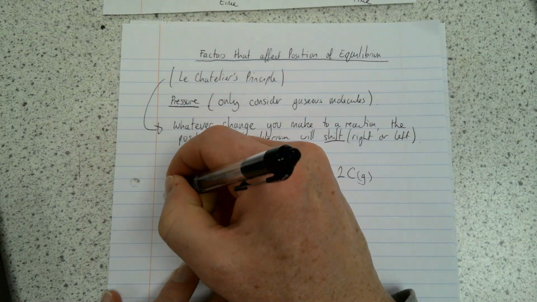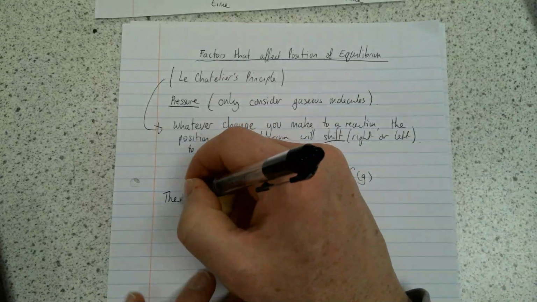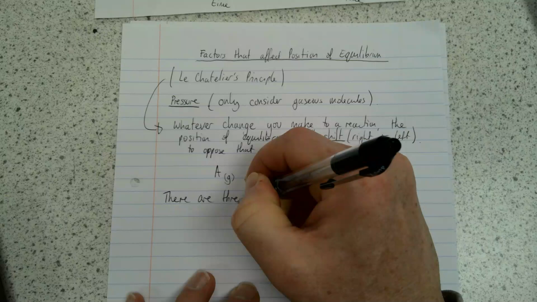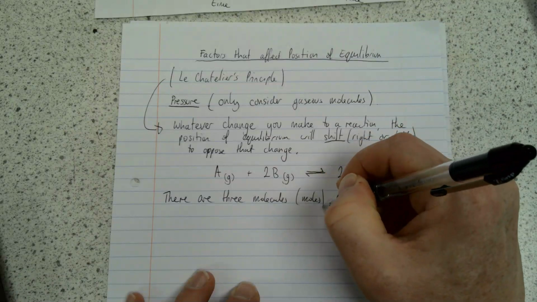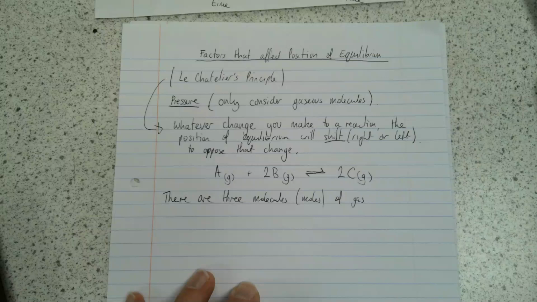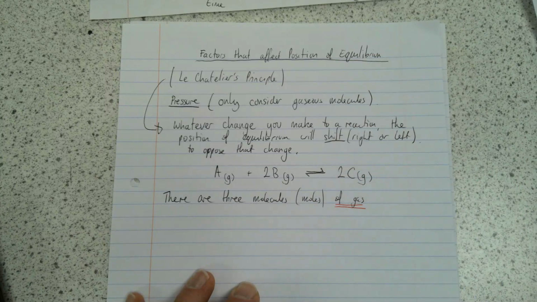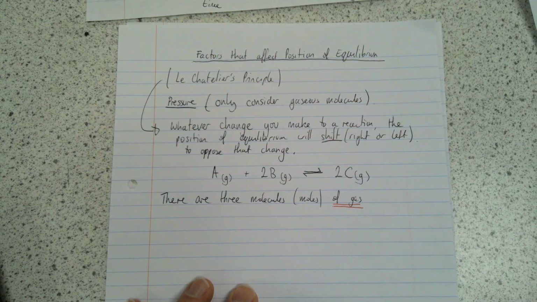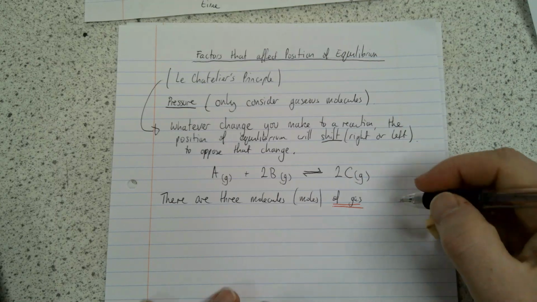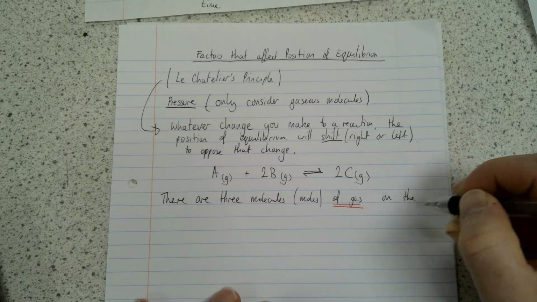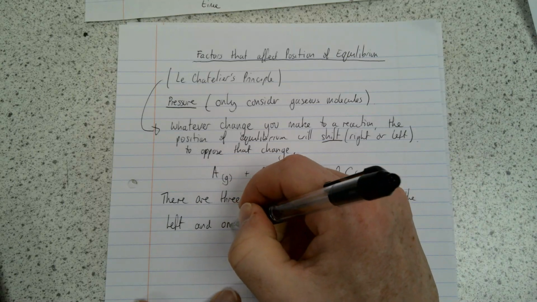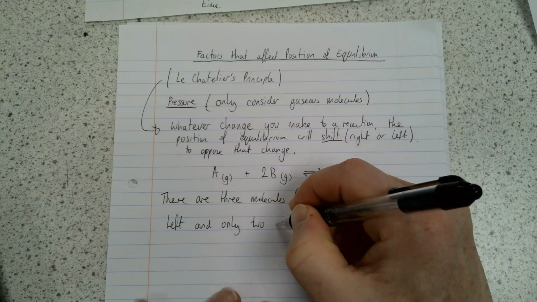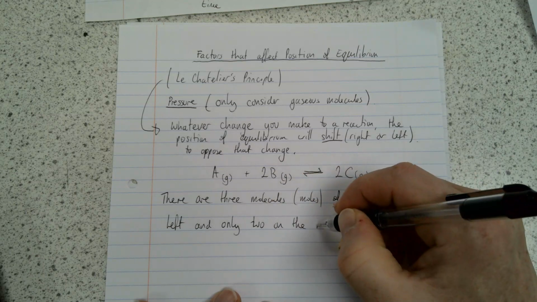So what we'd say is, this is almost an exam answer now: there are three molecules, or if you want to, you can say moles, of gas. I'm going to underline of gas because I want you, when you're revising, to remember to say of gas when there's gases involved and we're talking about pressure, because without it, it's meaningless. There are three molecules of gas on the left and only two on the right.